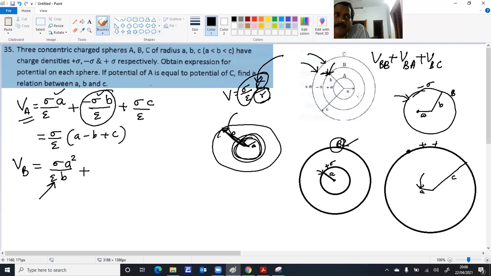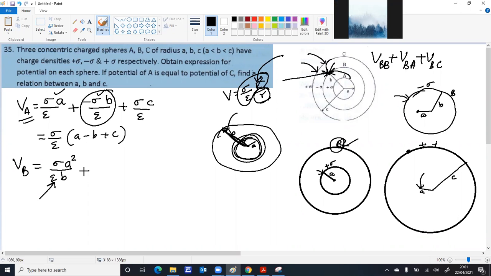Every sphere has potential contributions inside, outside, and on the surface. So this point B will have how many contributions? Three. The contribution of A, which is taken as an outside point, the contribution of B itself as a surface point, and C, for which it is an inside point.